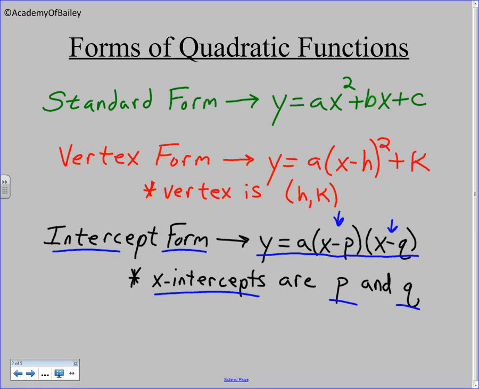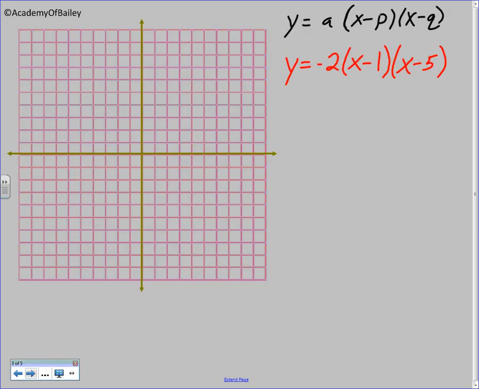So what I mean by that is, since this looks like a -1 there, then the x-intercept is the opposite of a -1, which is a +1. And what's the other one? It's going to be a +5. And those are your x-intercepts.